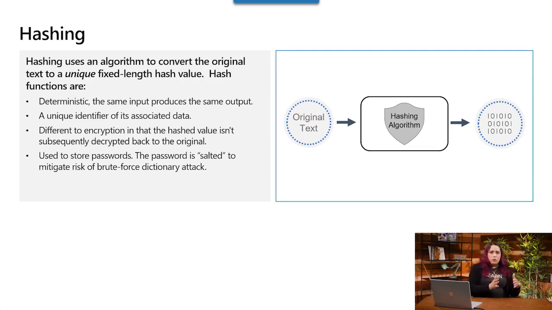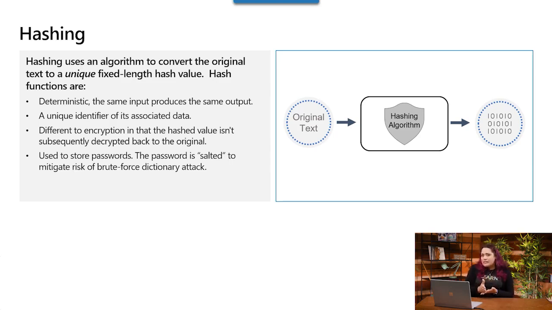Instead of encryption, where you have a key that converts it back to its original form, hashing keeps the unique identifier. So many organizations use hashing to store their passwords. This is a lot more secure than storing them in plain text. Now, that doesn't mean attackers don't know about hashing. So that's where we've created what we call salted passwords.